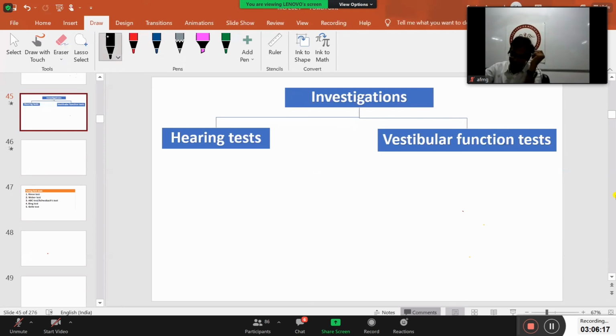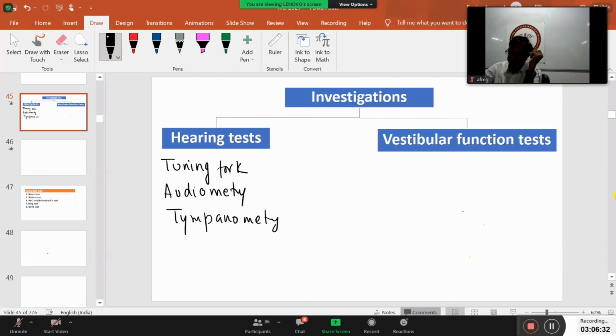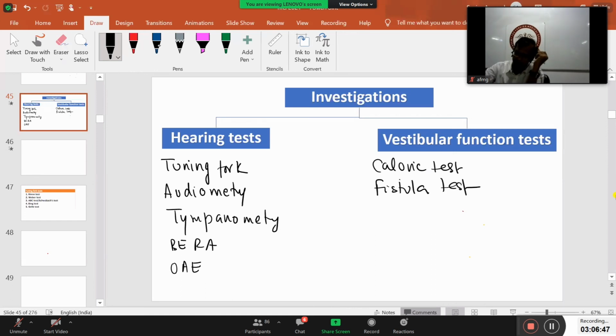The hearing tests are called tuning fork test, audiometry, tympanometry, BERA. These are some of the tests that we will deal with and discuss.